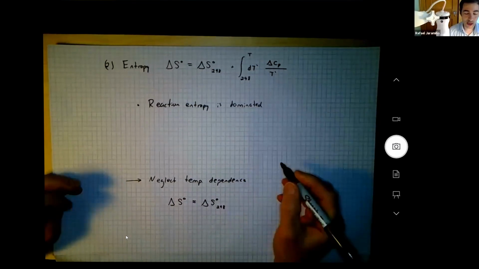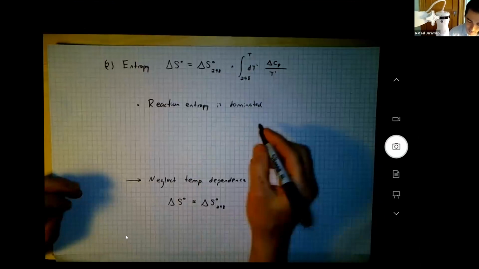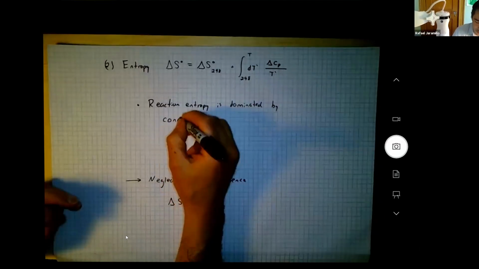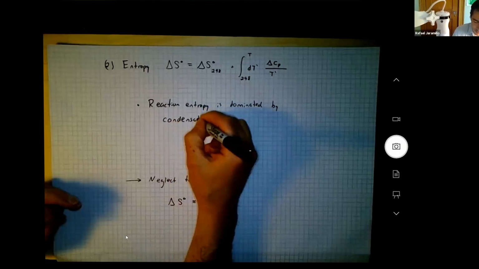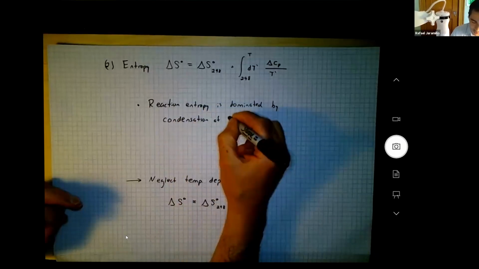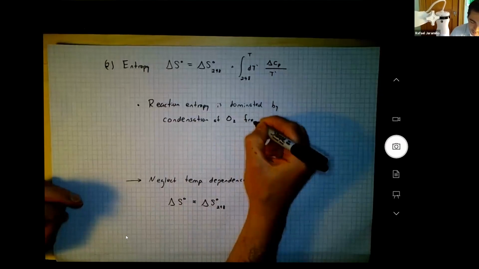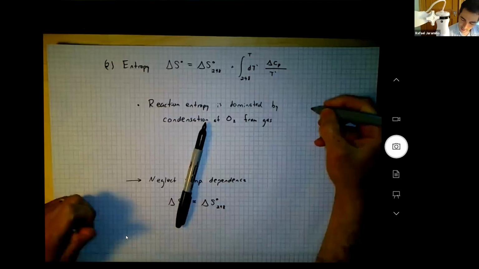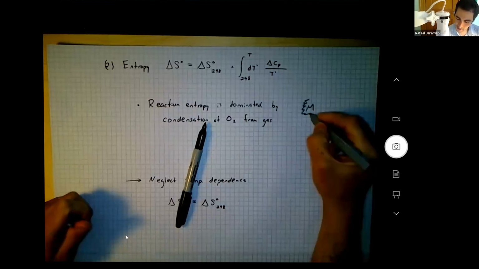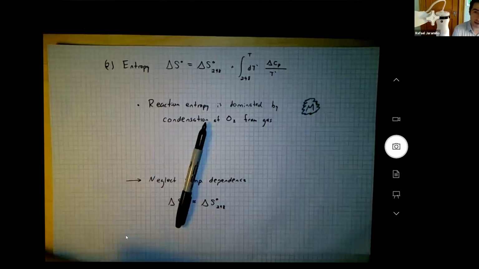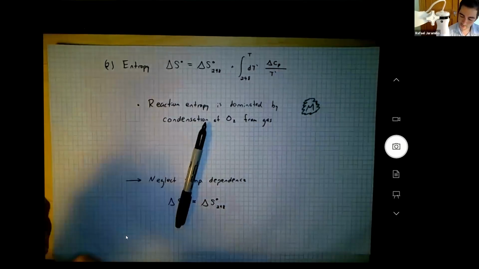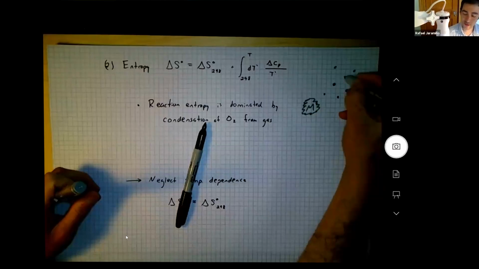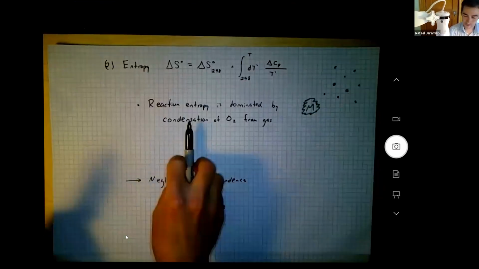The reaction entropy is dominated by condensation of O2 from the gas. Here's a chunk of metal, and then I have O2 gas. Gas is very high entropy, as you know.